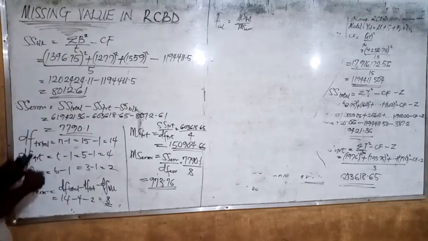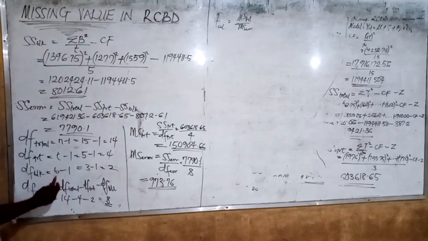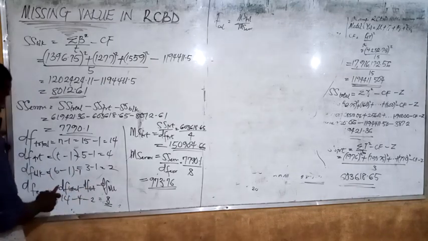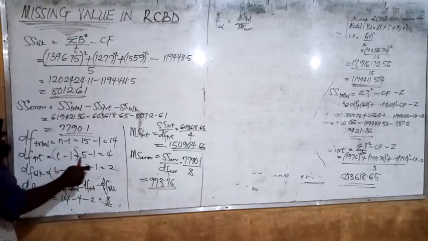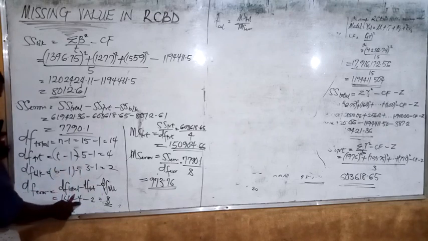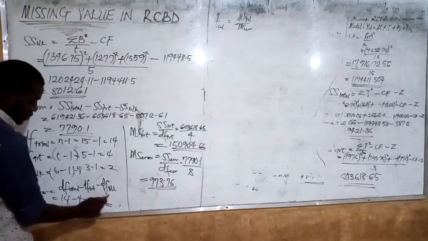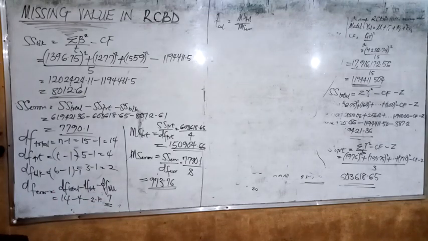So 1 will be subtracted from it: 14 minus this, then minus 1 again, gives us 7.